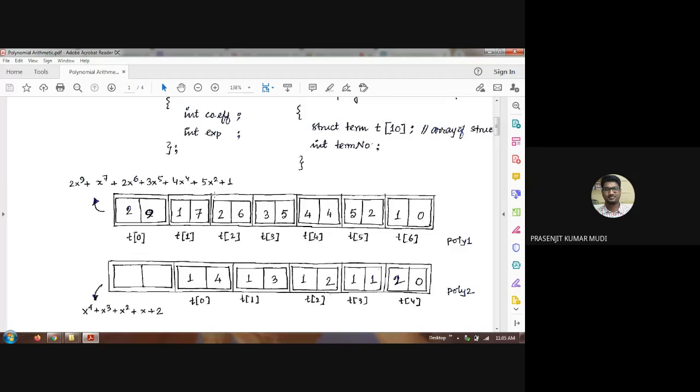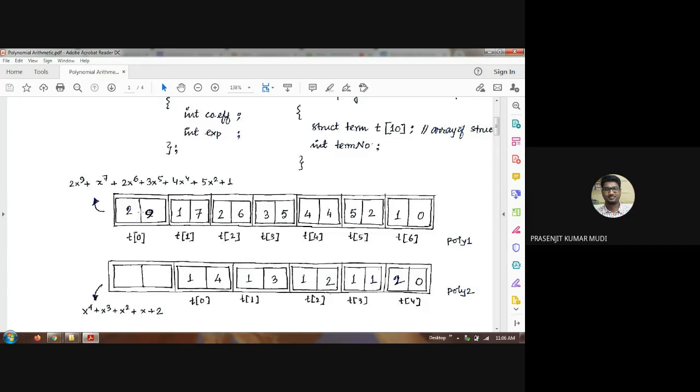So an array of 7 elements has been used to store the terms, and in each term you have two parts, coefficient and exponent. Each cell of the 1D array of size 7 will be another one-dimensional array containing two elements. One element will store the coefficient, the other element will store the exponent.